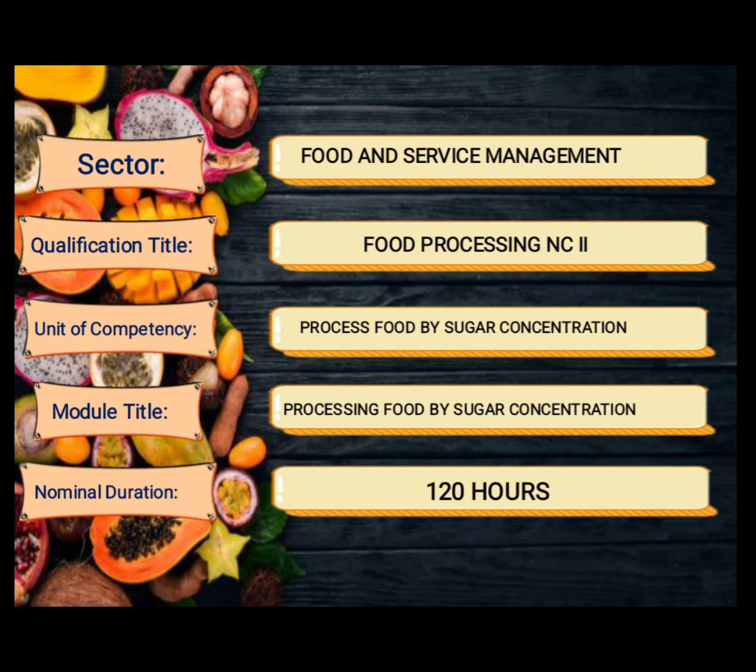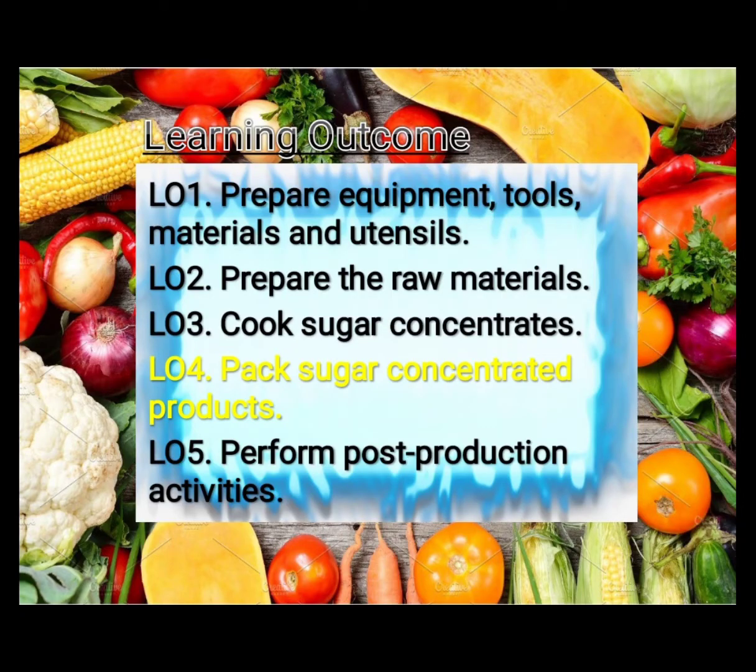Nominal duration: 120 hours. Learning outcomes: 1. Prepare equipment, tools, materials, and utensils. 2. Prepare the raw materials. 3. Cook sugar concentrates. 4. Pack sugar concentrated products. 5. Perform post-production activities.